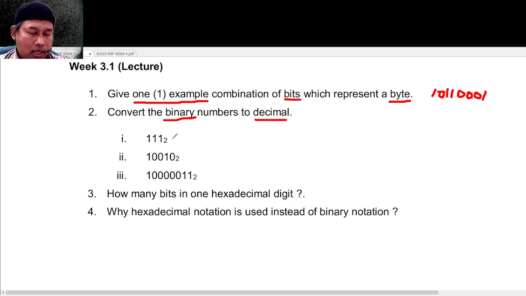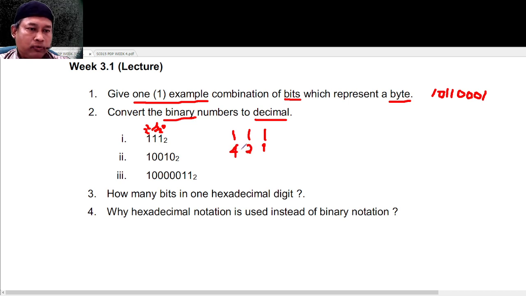So the formula is power of 2: 2 power of 0, 2 power of 1, and 2 power of 2. So 1 1 1 in decimal, that means 1 2 4.